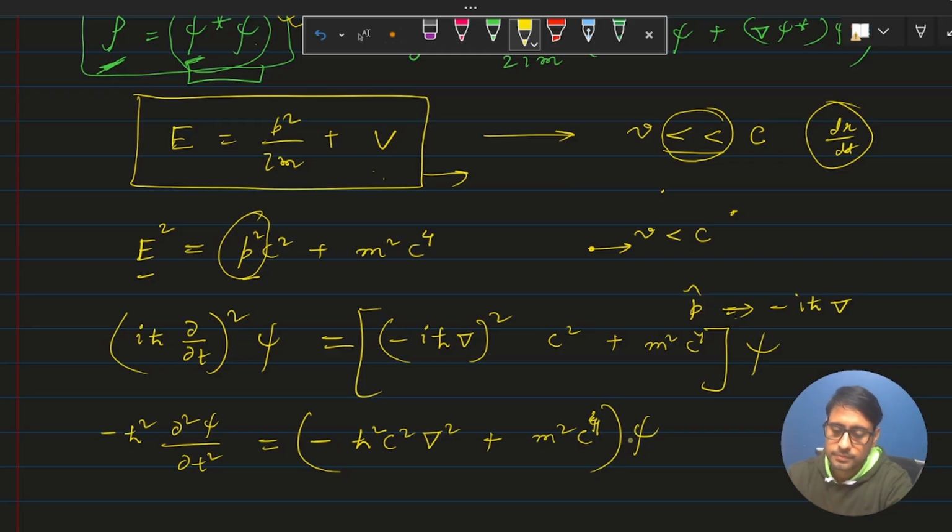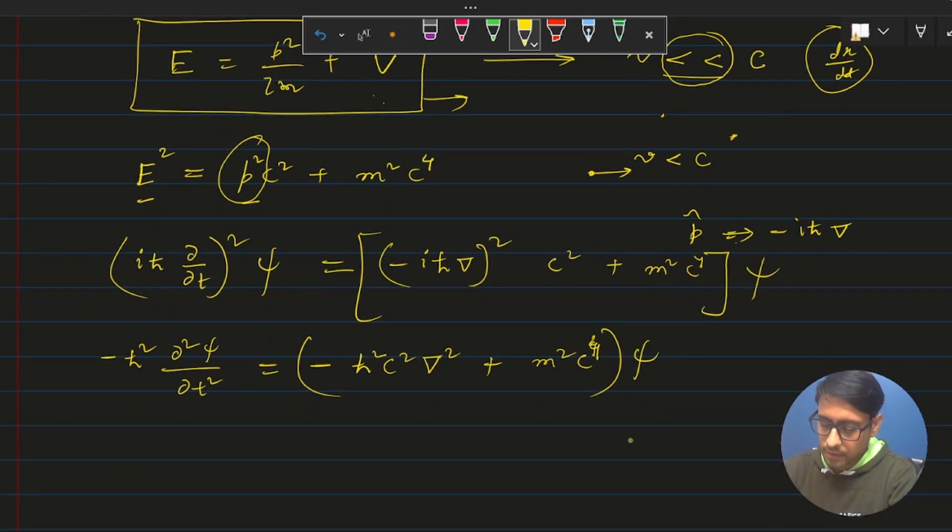Now if we take everything to one side, let's take it to the left hand side, and we can cancel out this minus term.